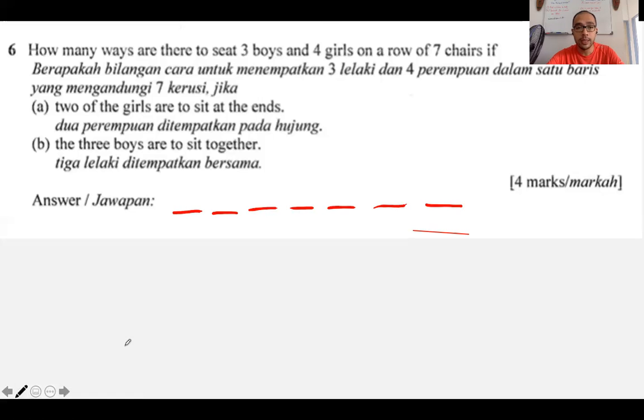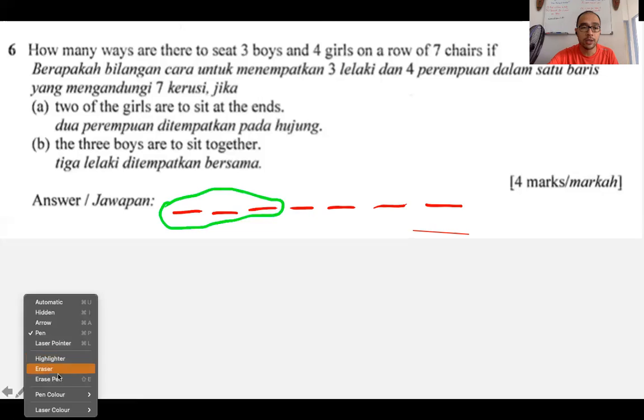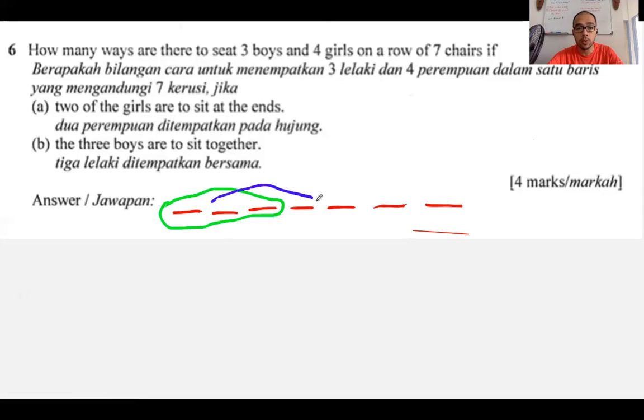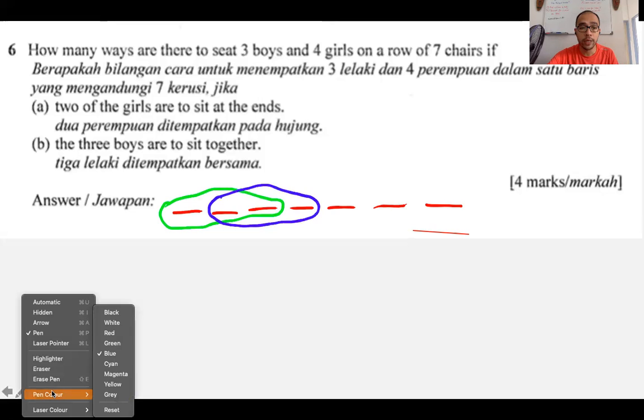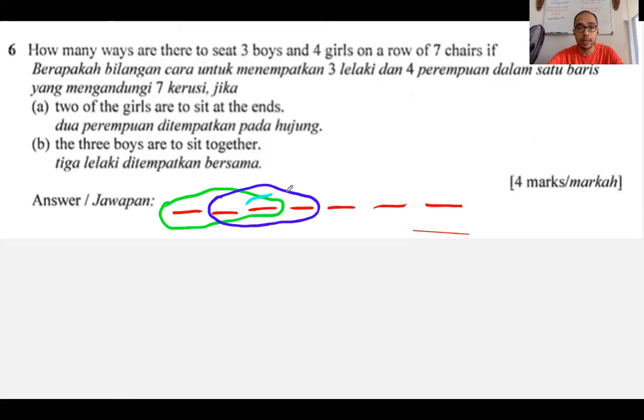Okay, so this is case number 1. Okay, 3 boys sit together over here. Okay, I'm going to change colors to show you the different cases now. This is case number 2. The 3 boys sit together over here. So girl, boy, boy, boy, girl, girl, girl. Okay, so how many cases will there be altogether? Okay, so this is case number 3.